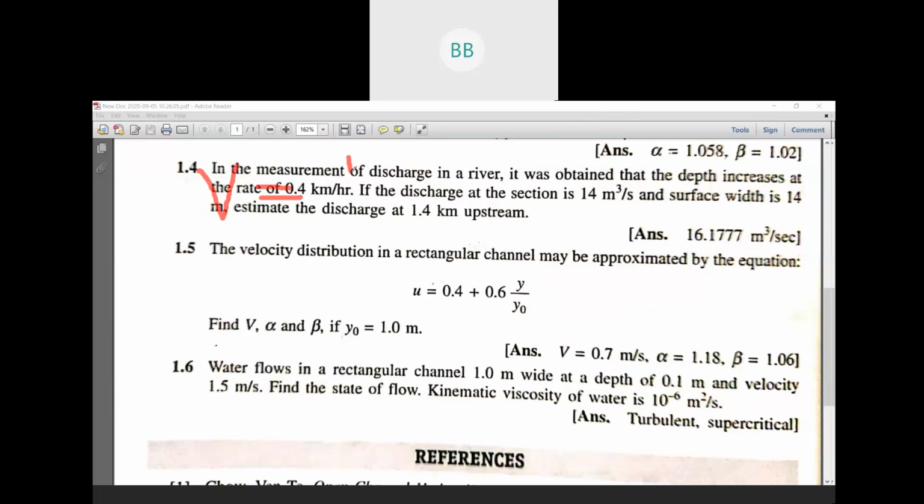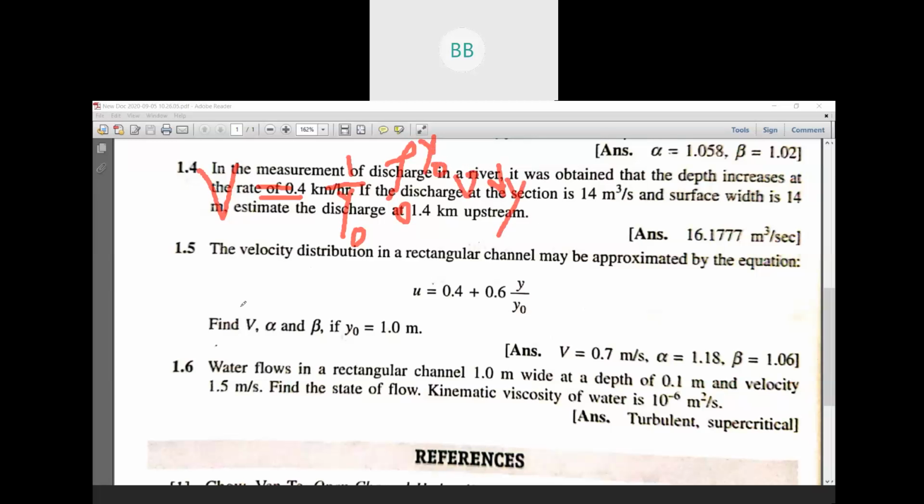So we are going to write the equation for average velocity for a rectangular channel. That we have already derived: 1 by y naught, integration from 0 to y naught, small v dy.